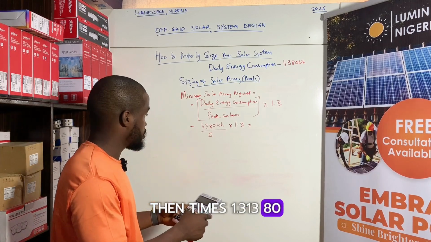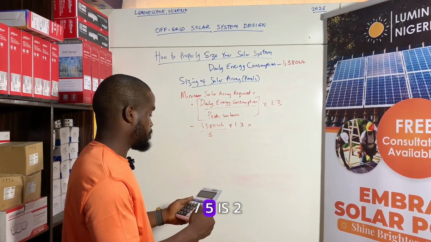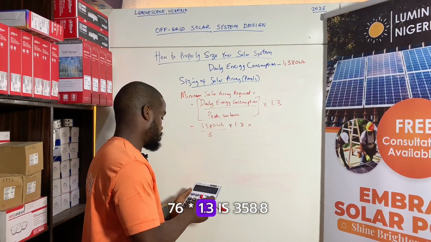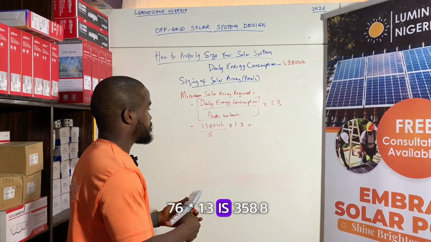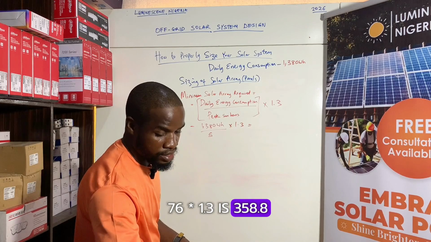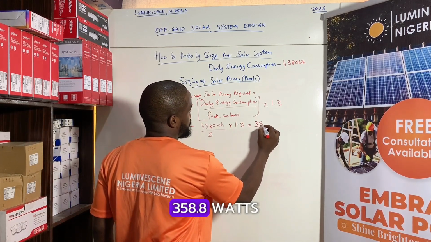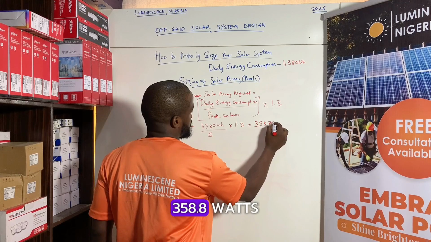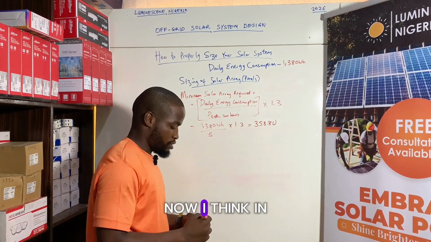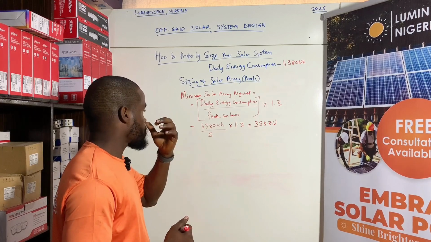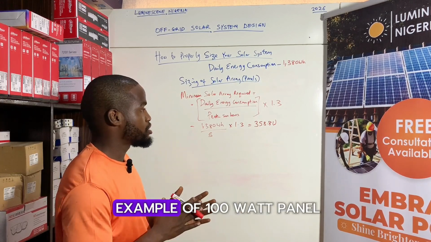1,380 divided by 5 is 276, times 1.3 is 358.8 watts. Now, I think in the beginning I told you that solar panels are rated in wattage, and I showed you an example of a 100-watt panel.